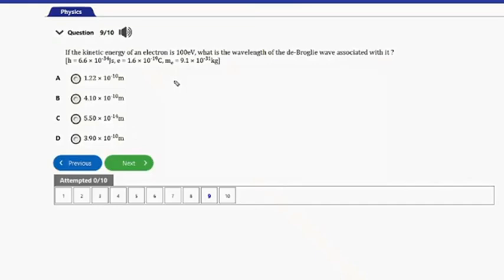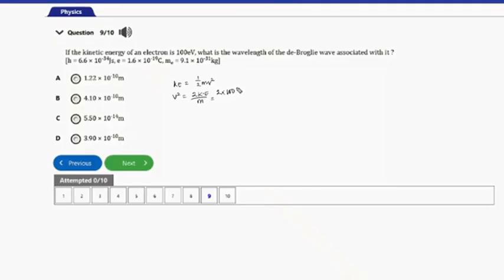But we can get the velocity from the kinetic energy, which is equal to half mv squared. So we can make v squared the subject, where v squared becomes 2KE over m, that's the mass of the electron, so 2 times the KE, that's the kinetic energy.